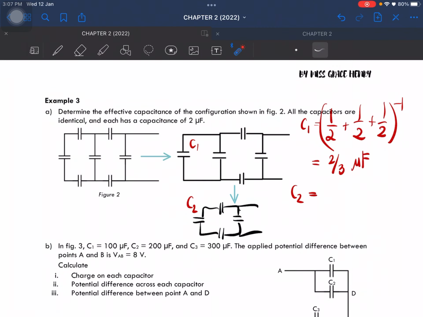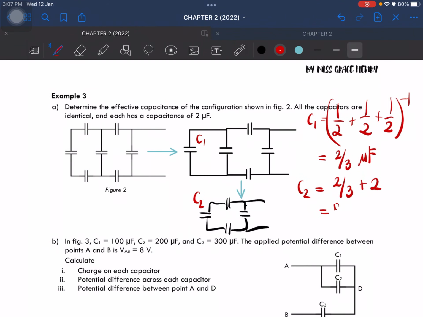This is a parallel circuit, because here it is not directly connected, it has a connection here. So that is 2 over 3 plus 2, you get 8 over 3 microfarad.